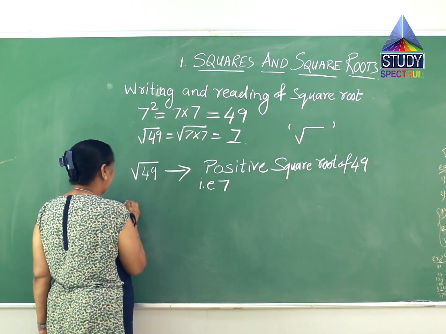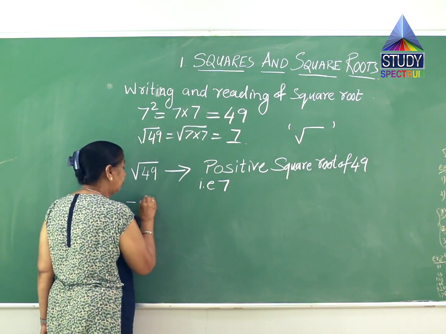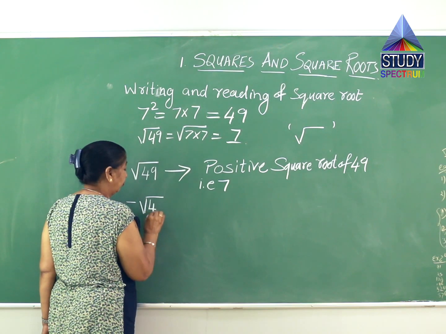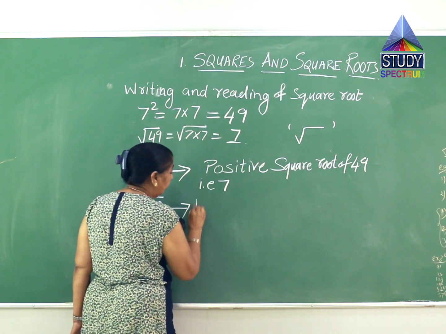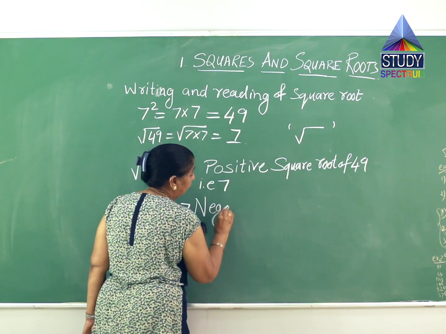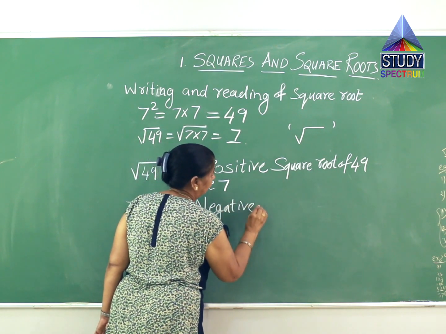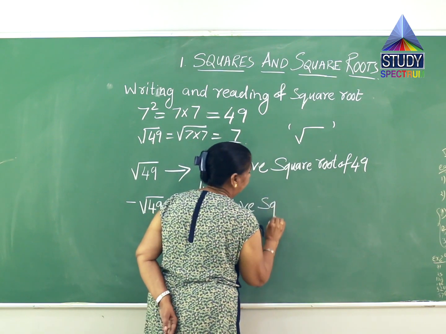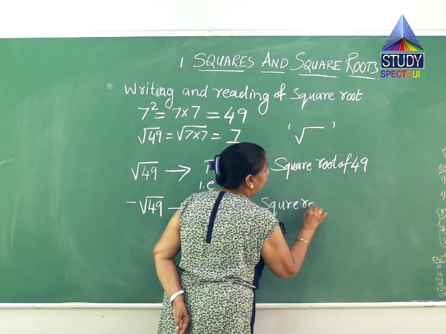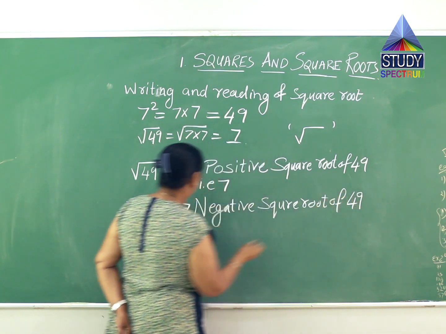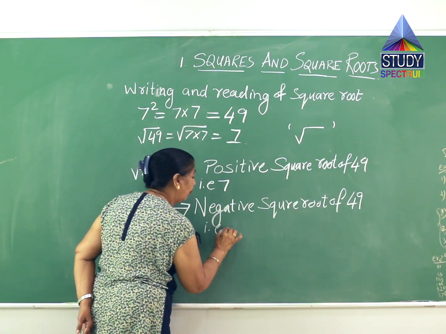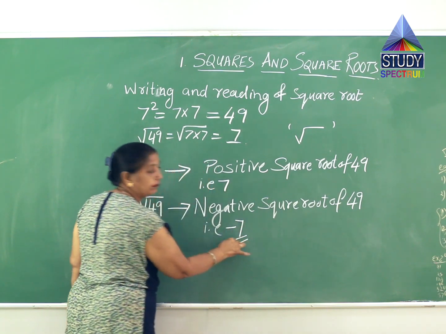If it is written with a minus before the root sign, then it is read as the negative root of 49, and that is minus 7.